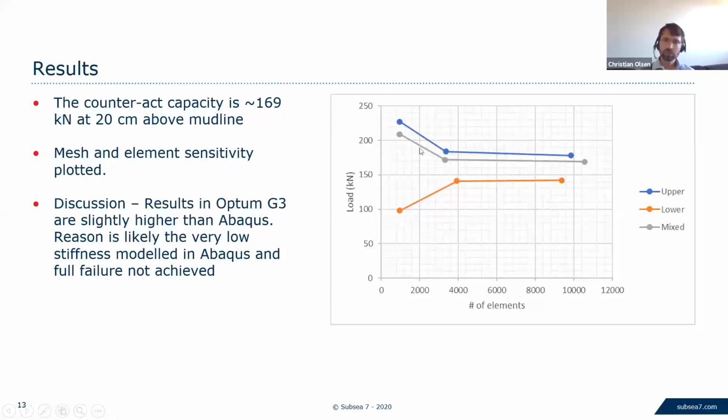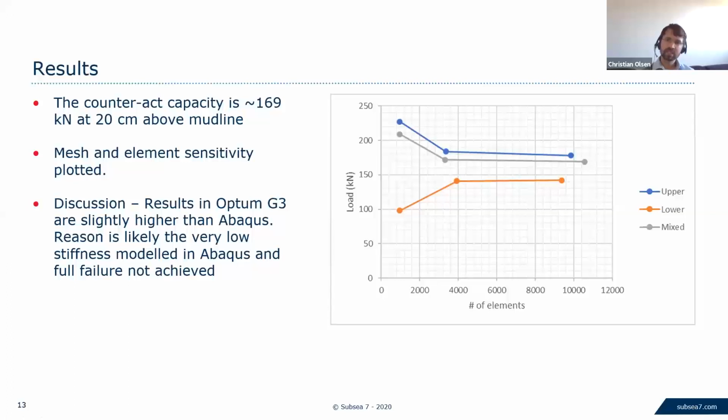The results are plotted here in number of elements and load. So you can see the quality of the results. You can see it hasn't quite converged to a very narrow distance between the upper and the lower bounds.